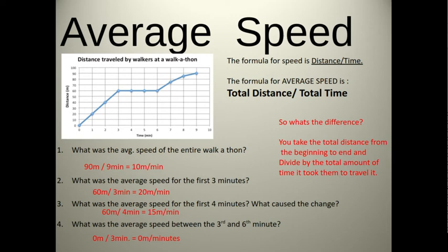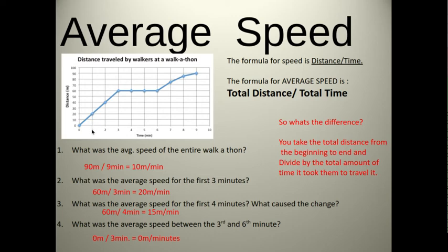The average speed in this portion of the graph was 0. So we can basically figure out what the speed of this walker was at any point on that blue line, as long as you take a look at the distance and you take a look at the time.